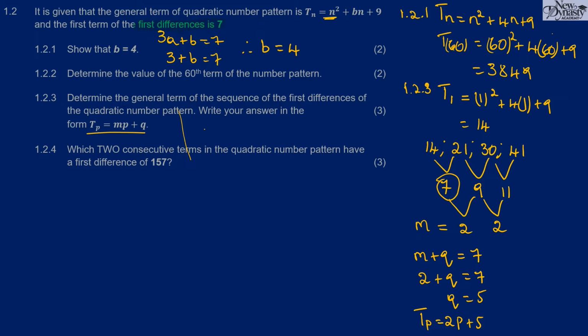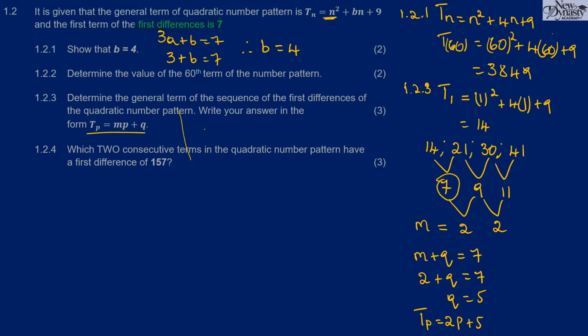So you should know that the first difference is what we have here as our arithmetic sequence. So they're asking you which two numbers, when you subtract them, give you that value. Grade 12, if I can ask you, which two numbers do I subtract in this quadratic number pattern so that I can have 7 as my first difference?